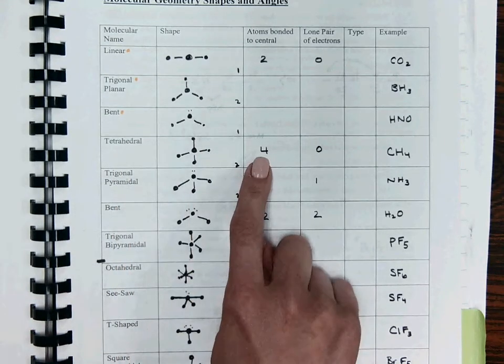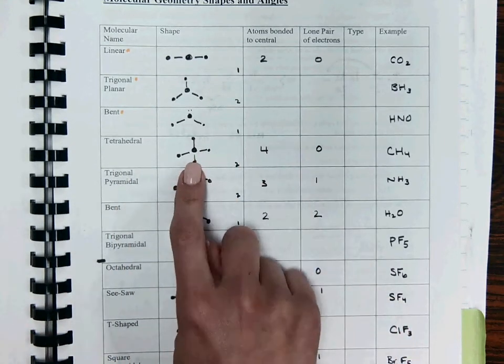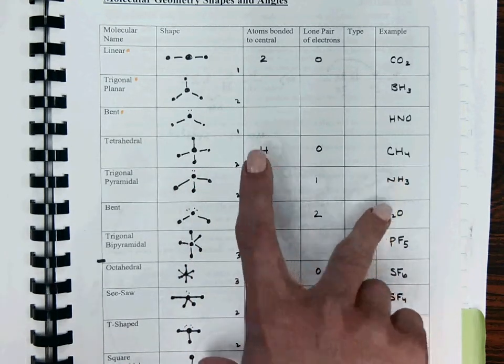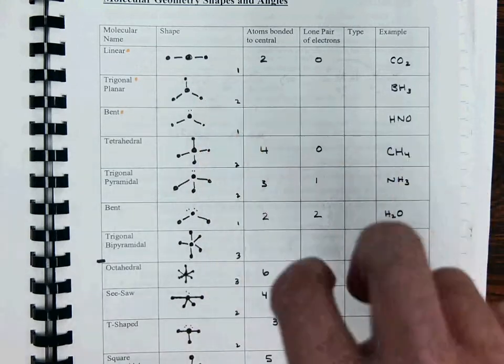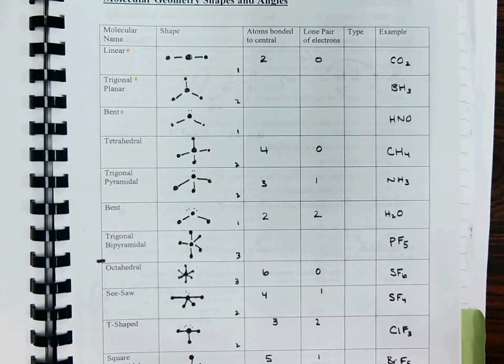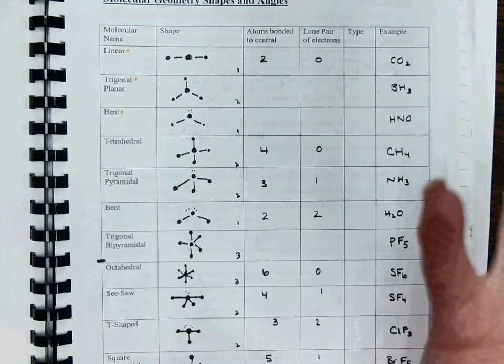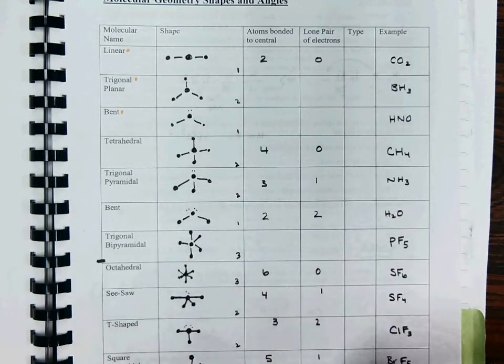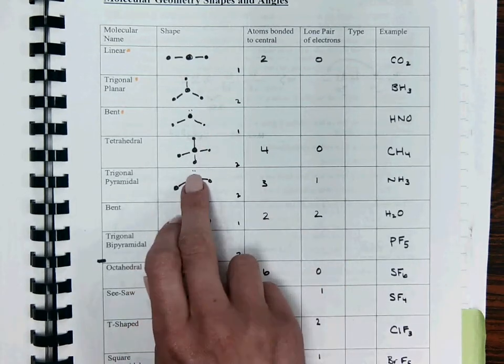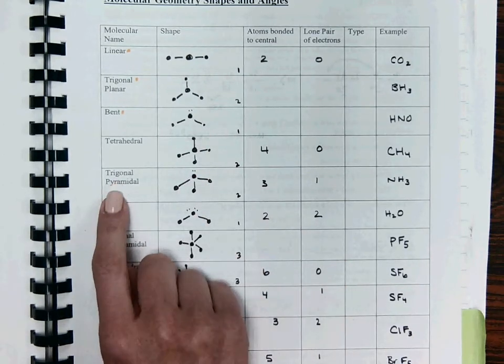If you have four atoms, no lone pairs, that's going to create a structure called tetrahedral. Tetrahedral is like a cathedral that's going to stand up real tall, so it's the first of the three-dimensional structures that we have, the thing that actually starts moving out into the X, Y, and Z axis. If we take one of those bonds off and put a lone pair on it, you get a structure called trigonal pyramidal.